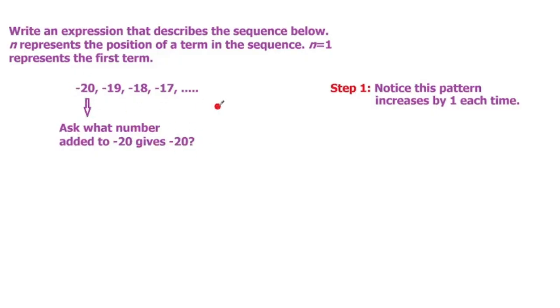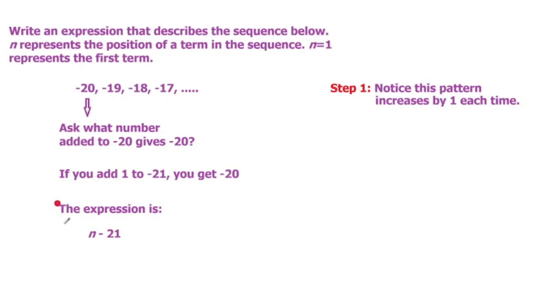So if you add 1 to minus 21, you get minus 20. Okay, so that's what we're trying to find. The expression is n minus 21 because we start at 1. 1 minus 21 equals minus 20.